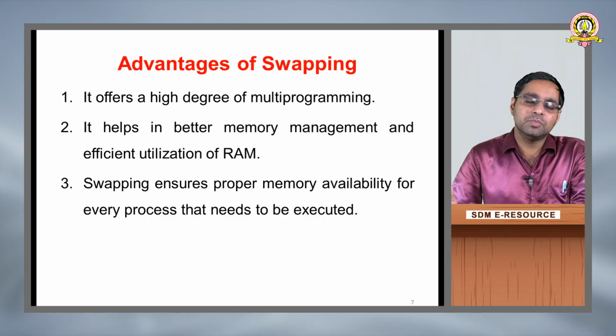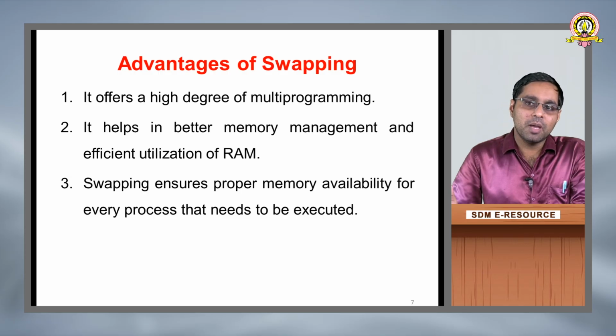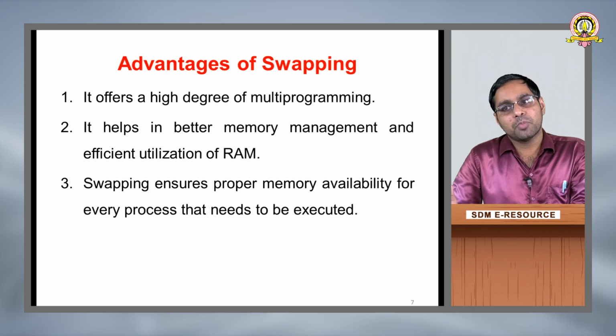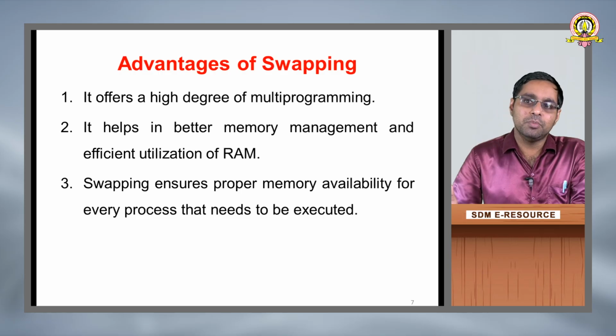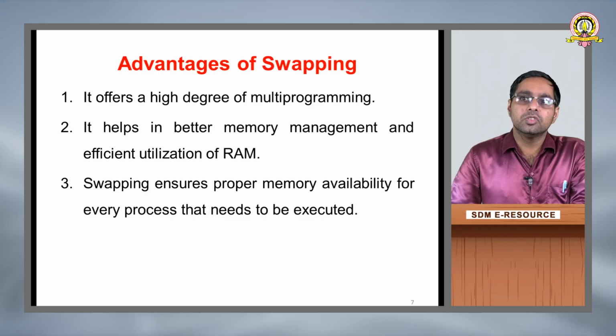Even if RAM is full and some process is waiting in the hard disk to execute, we remove an idle process from main memory and swap it to the secondary memory, so that the process waiting for main memory due to lack of space will ultimately get the space. Thus swapping ensures proper memory availability for every process that needs to be executed. These are the three advantages of swapping.